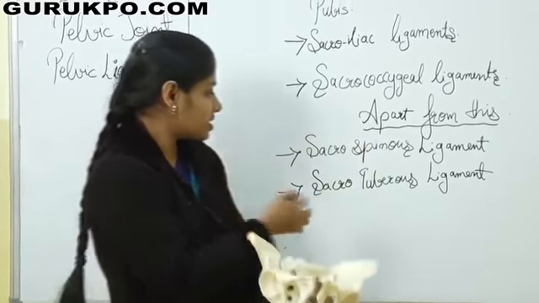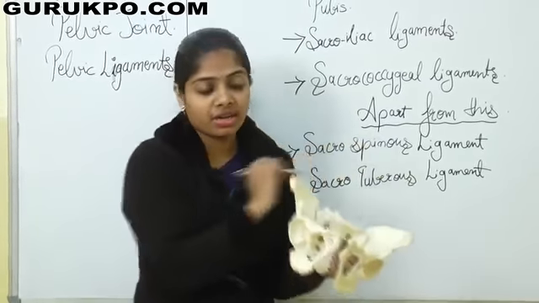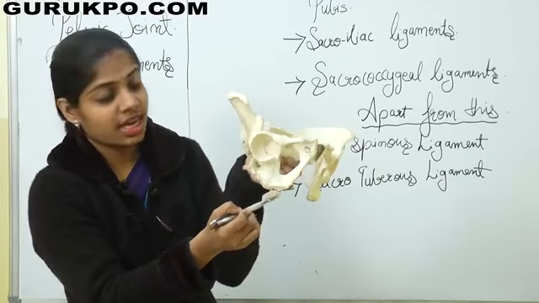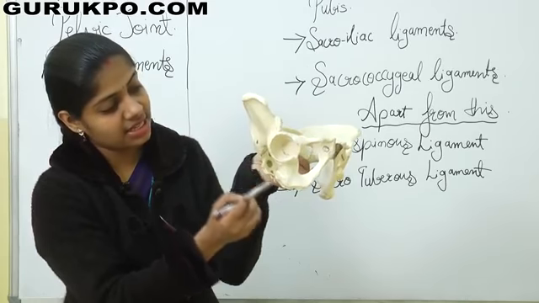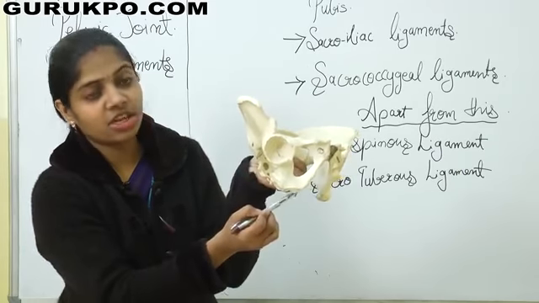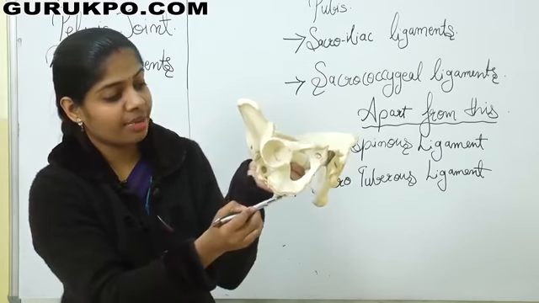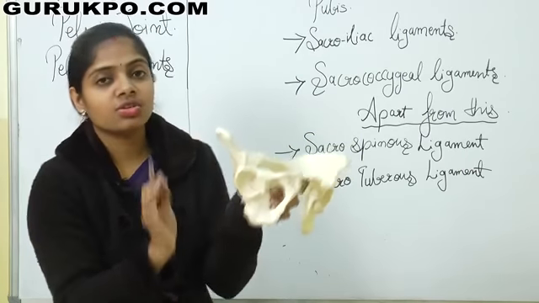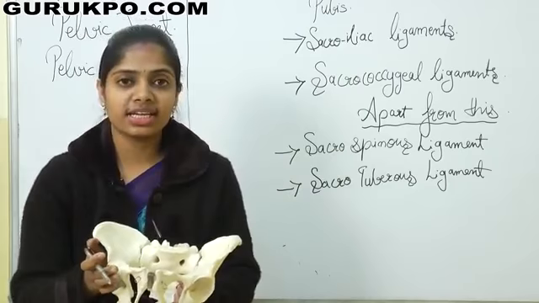Then there is the sacrotuberous ligament. From the sacrum to the ischial tuberosity, there is a ligament like this, known as the sacrotuberous ligament. So these are the ligaments present in the pelvis.